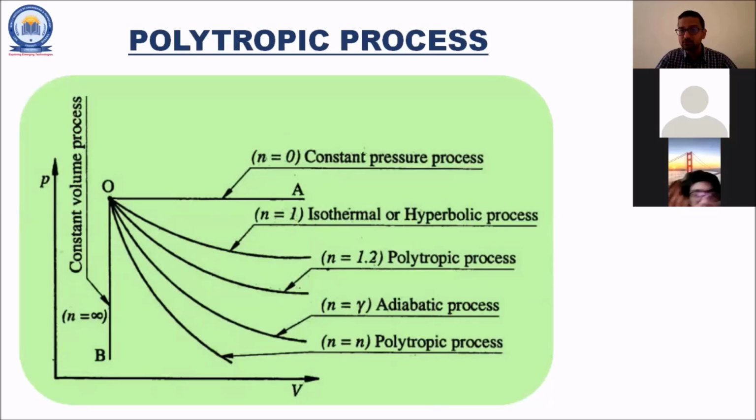So when N is equal to 1, it represents the isothermal or the hyperbolic process. And dear friends, if we substitute N is equal to gamma, N is equal to 1.4, then we are getting the adiabatic process. So from the common equation of the polytropic process, we can easily derive the different 4 processes.